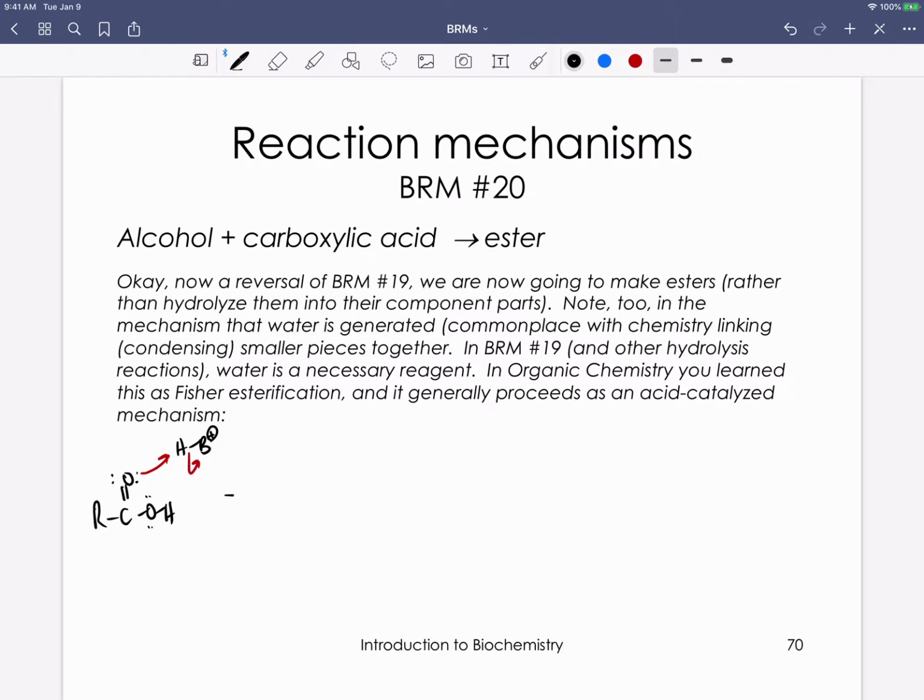aren't great nucleophiles. So again, our protonated carboxylic acid is much more susceptible to nucleophilic attack by our weaker alcohol nucleophile.